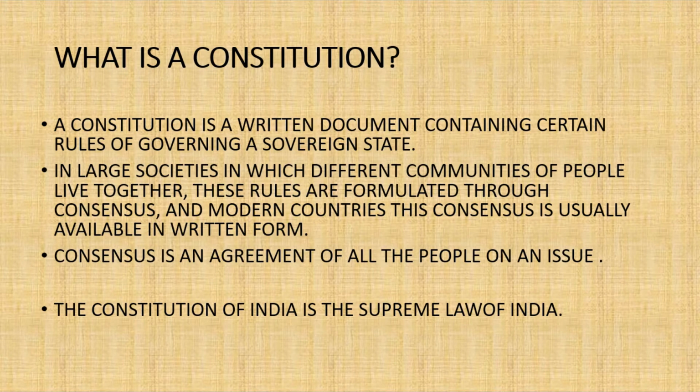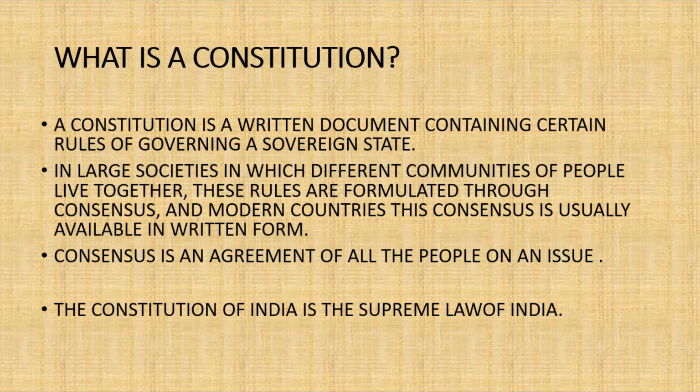See, in large societies in which different communities of people live together, if we take India as an example, India is called the land of unity in diversity, right? India is a diverse land. Why?